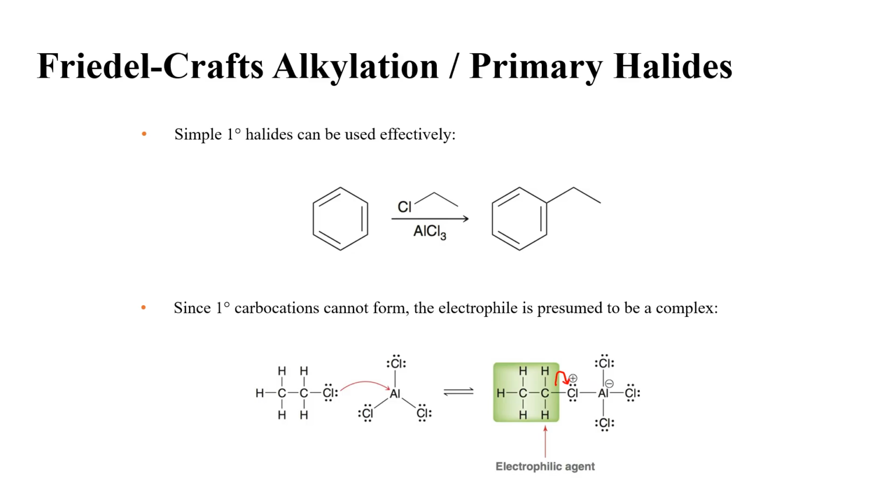The chlorine's not going to get those electrons back, and you're not going to make this primary carbocation. It's just too unstable. So the active electrophilic agent is just this complex, but the mechanism is all the same. It's really not that different.